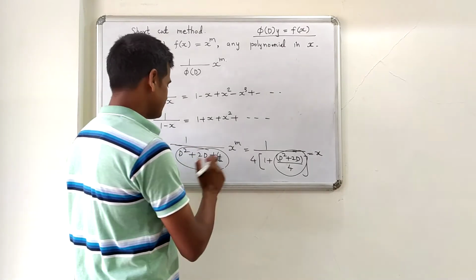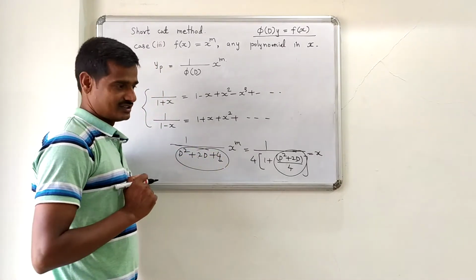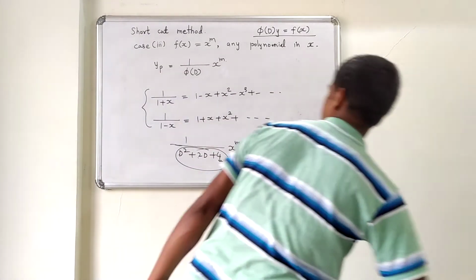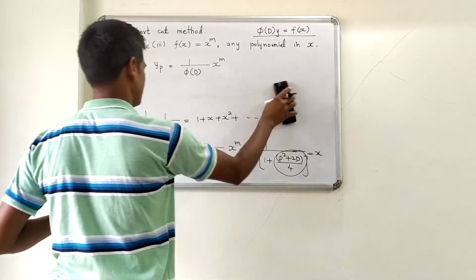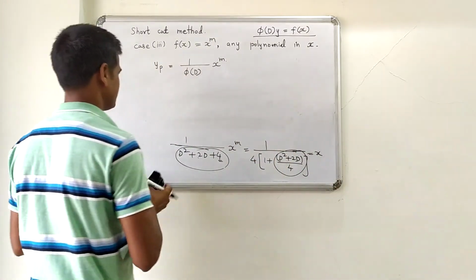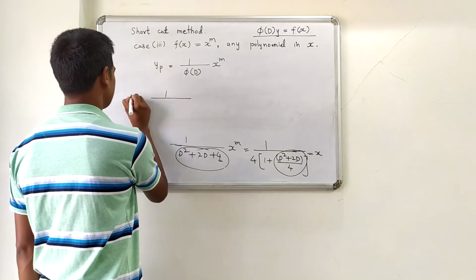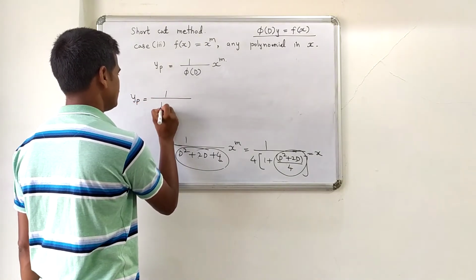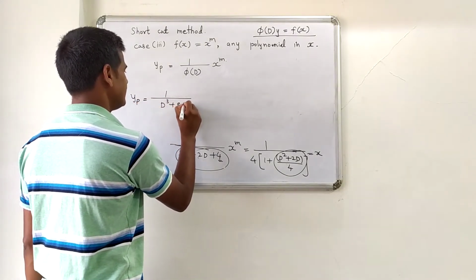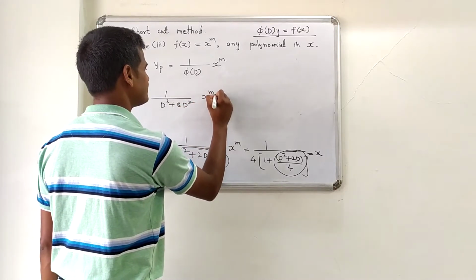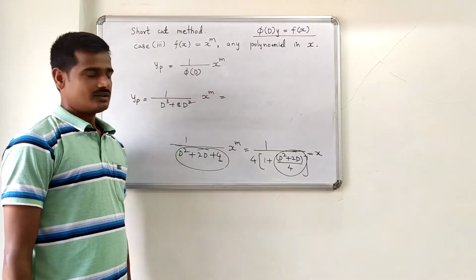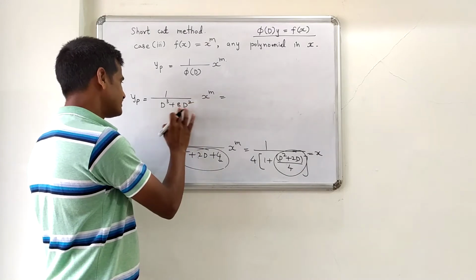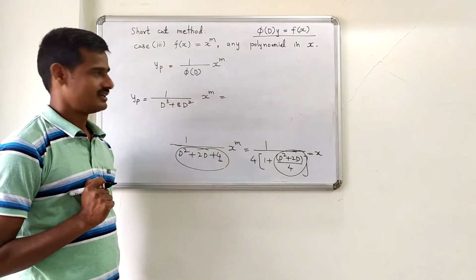Now what will happen if there is no constant term? So let us see what will happen if there is no constant term. So for example, phi of D is equal to D cube plus 8D square operated on x raised to power m. Now how do we express this in the form of 1 plus x or 1 minus x?